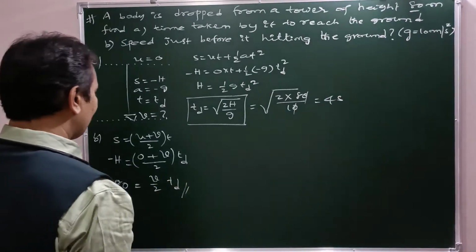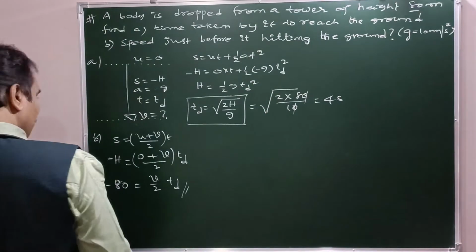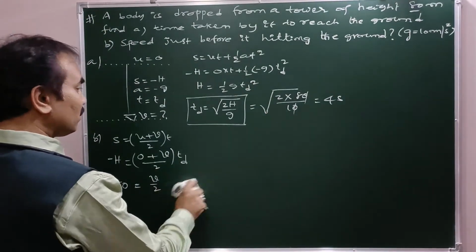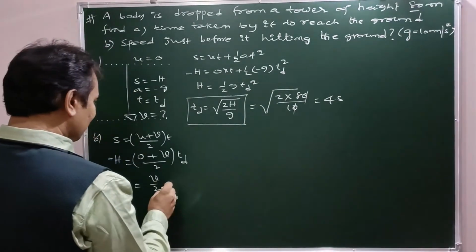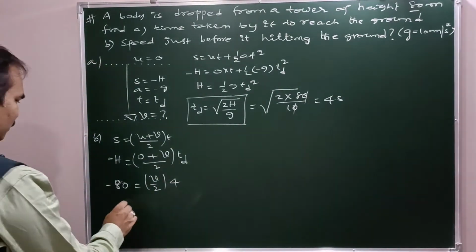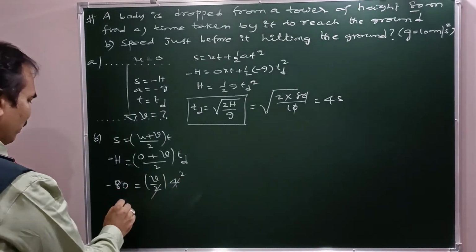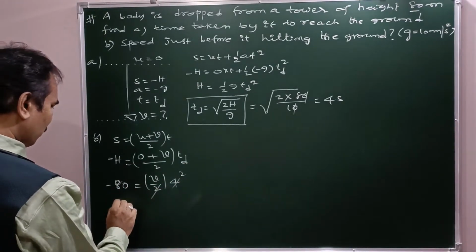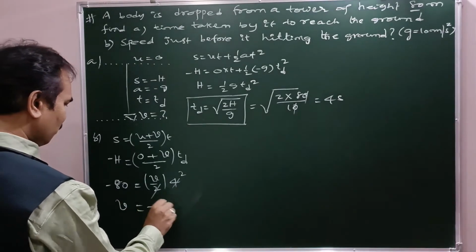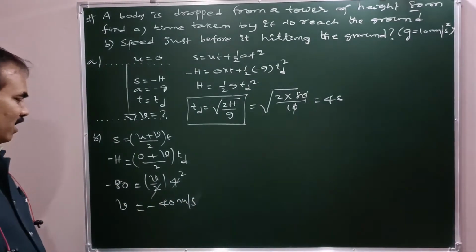Td, what is td here? Td equal to 4 seconds. So we know that td value also. Now time of descent 4 seconds. That is 2 2 is 4. So minus 80 equal to v. v equal to minus 40 meter per second.